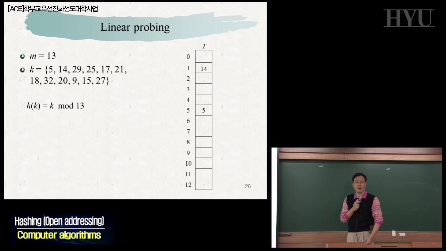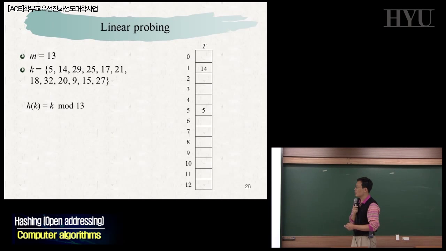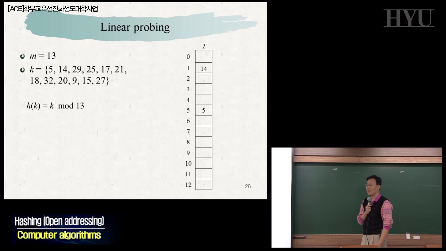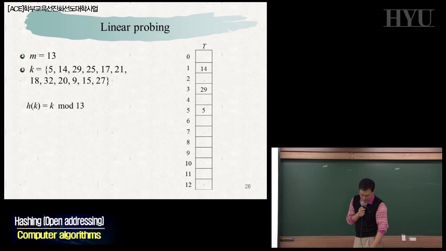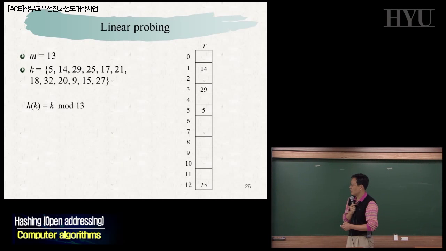And then 29. 3. Yes, 3. Then 25. 12. Yes. Then 17. 4. Yes, 4. Then 21. 8, right.